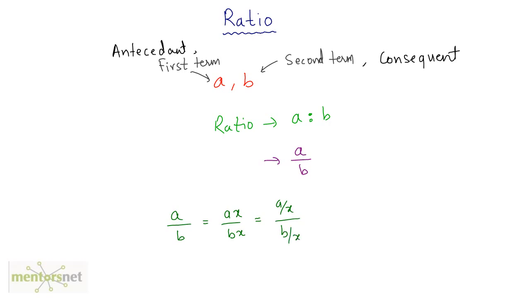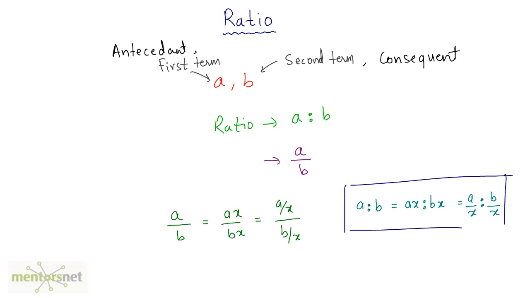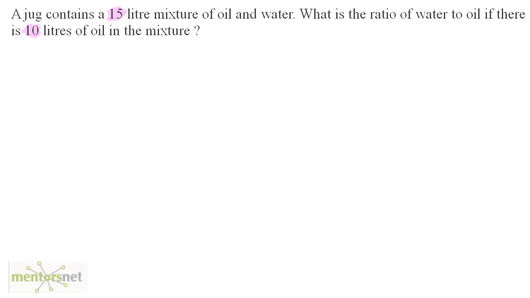We are multiplying or dividing this term x to both the antecedent and the consequent, and essentially the ratio does not change. So I can write a is to b is equal to ax is to bx, which is again equal to a by x is to b by x. This is one of the very important properties of ratios.